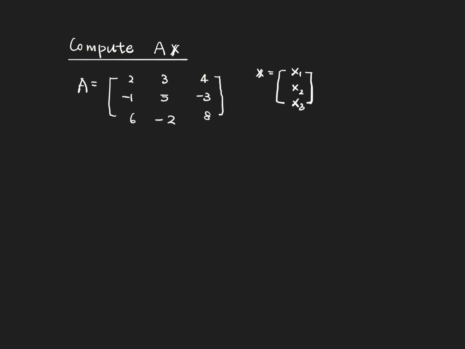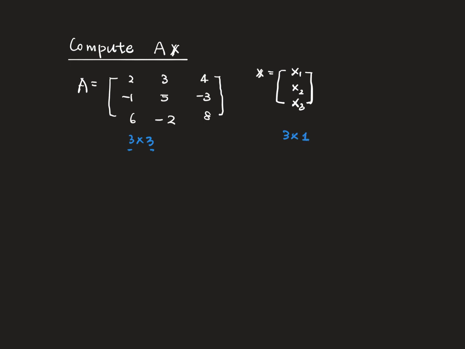Look at this one. Here is a matrix, 3 by 3: 3 rows, 3 columns. Here is a vector. That's a column vector: 3 rows, 1 column.